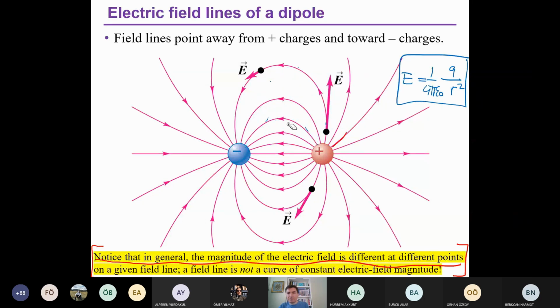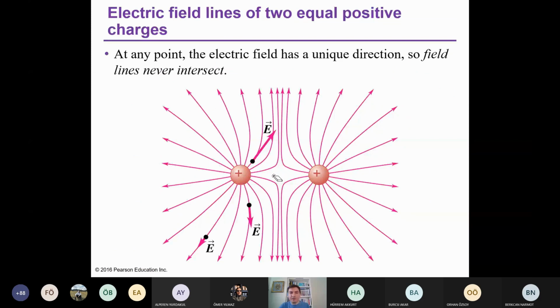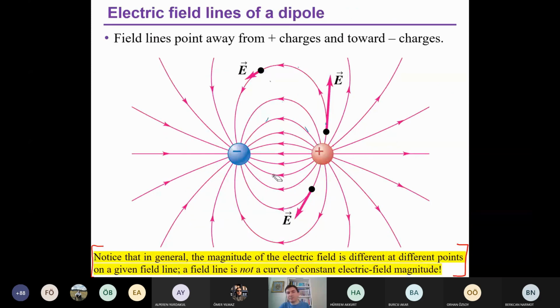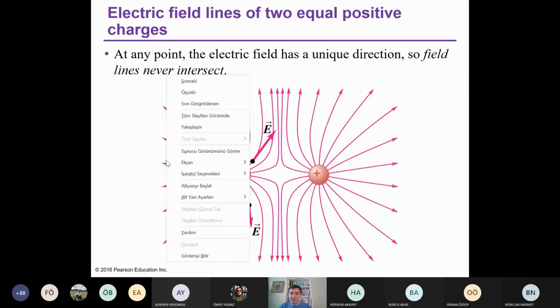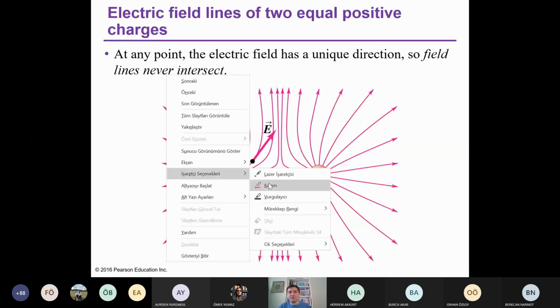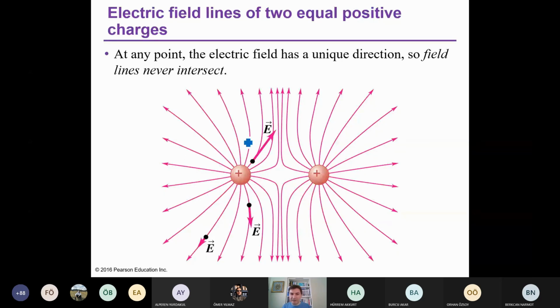Then let me continue. Here we have discussed an electric dipole, negative charge here and positive charge here. But what about two positive charges? Or what about two negative charges? Then we will have different electric field lines.